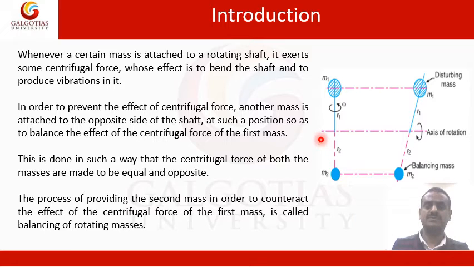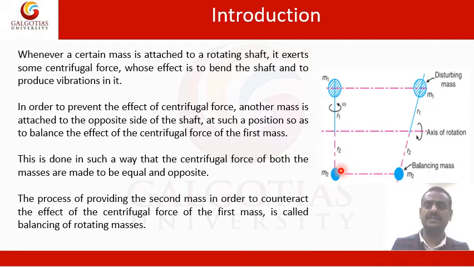For example, this line indicates the axis of rotation. There is a mass m2 at a distance r2 from the axis of rotation. When only this mass m2 is attached to the rotating shaft and rotates, an outward force is exerted by the mass. That force is called the centrifugal force, and it creates a bending action on the shaft.